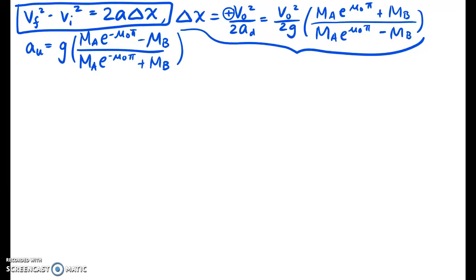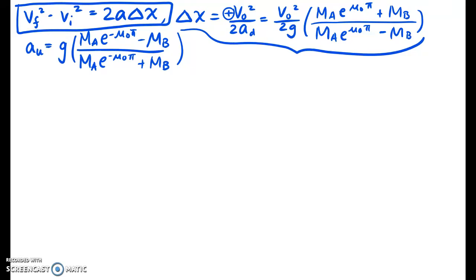And we know that the delta x from before and the delta x when B is moving upwards are going to be the same, since we're asked what V1 is, where V1 is when B arrives exactly at O when it's coming back up. So the distance it travels down from O to the lowest point, and the distance it travels up from the lowest point to O again, is going to be the same.